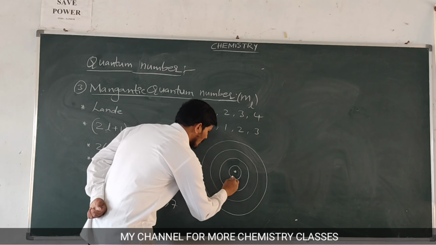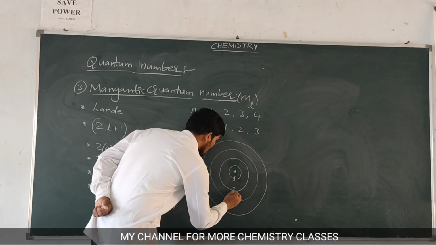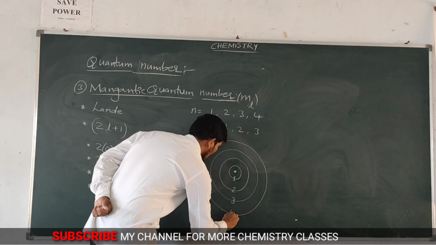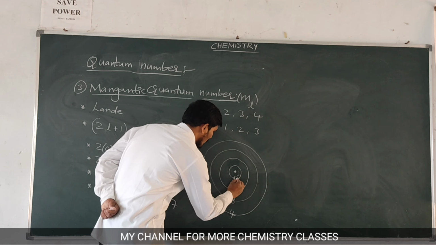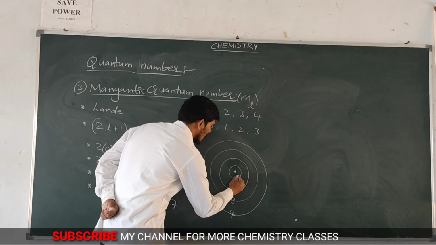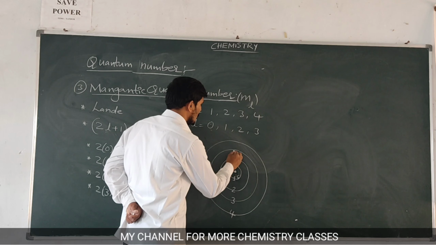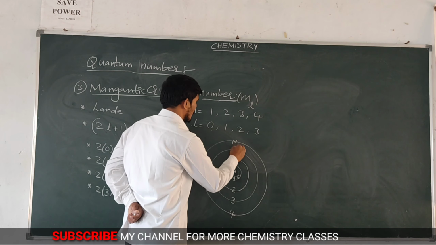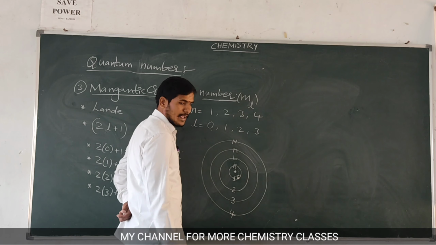Here the first shell is n equal to 1, then n equal to 2, n equal to 3, 4. The first shell has only one subshell, that is S. The main shells are also denoted with K, L, M, N.